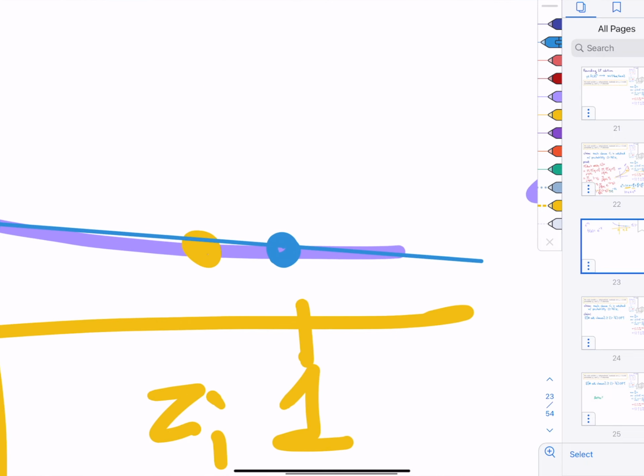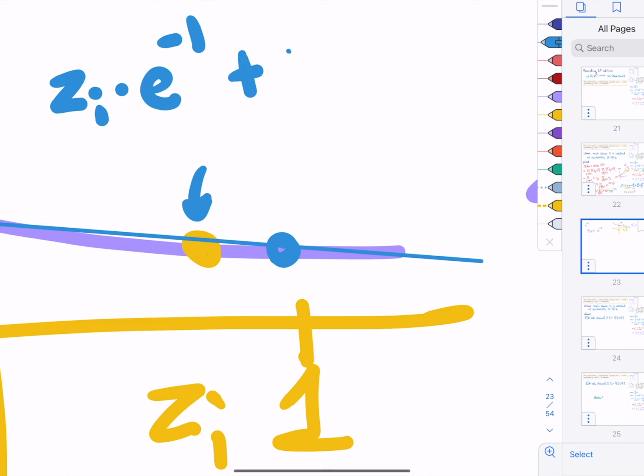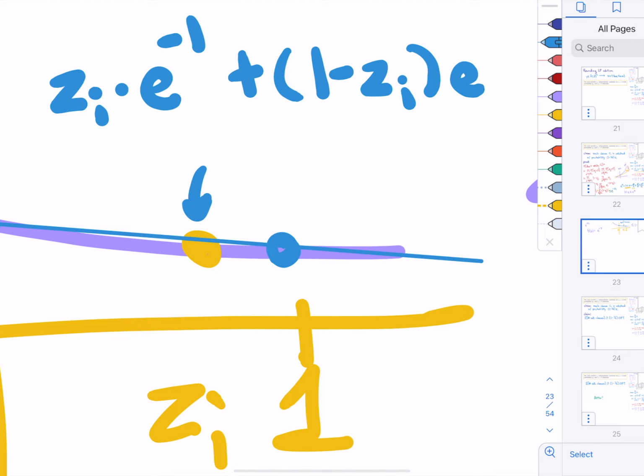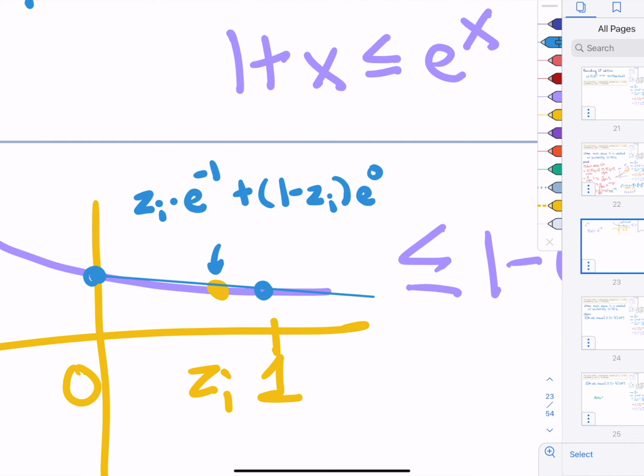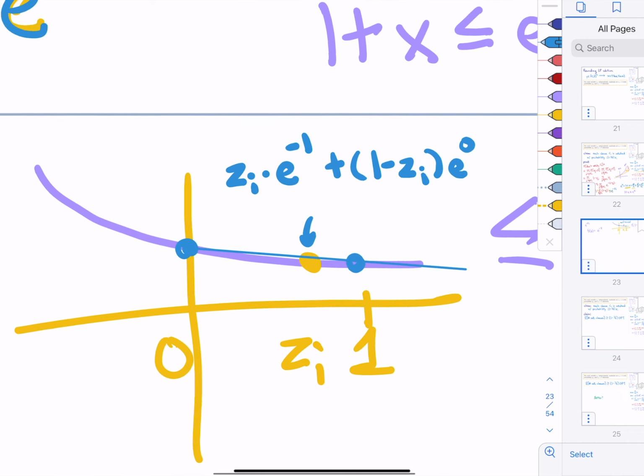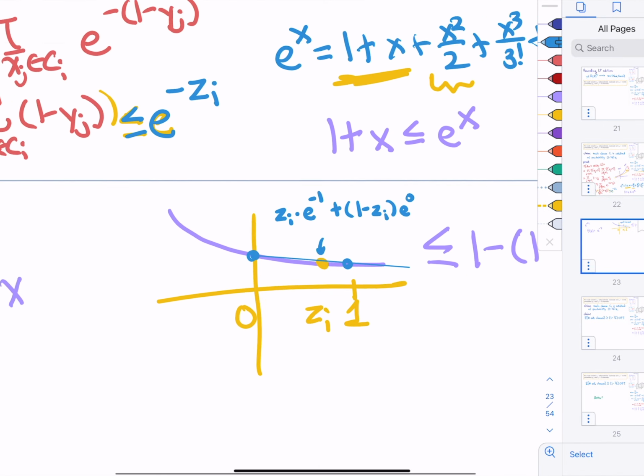This point that's above it here would be zi times e to the minus 1 plus 1 minus zi. Oh no, I got this backwards. e to the 0. Yeah. Okay, so it's always the case.